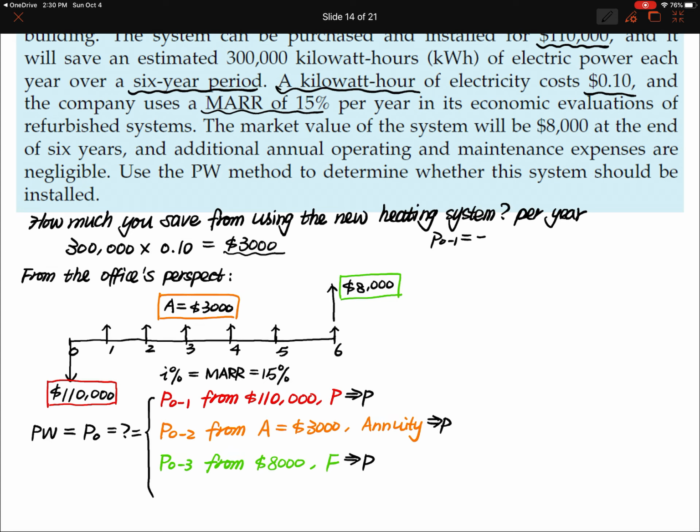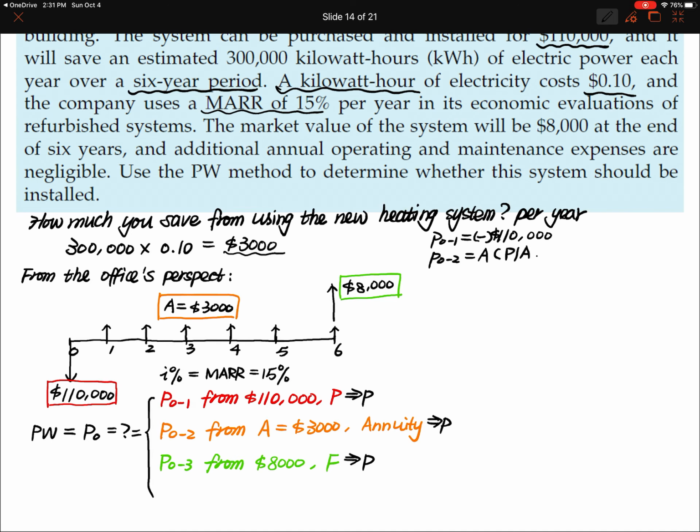So P01, it has already happened at the beginning, so you don't have to convert anything. So the amount stays the same, but it is a negative amount. Again, the negative doesn't mean it's lower than 0. It means it's an expenditure.